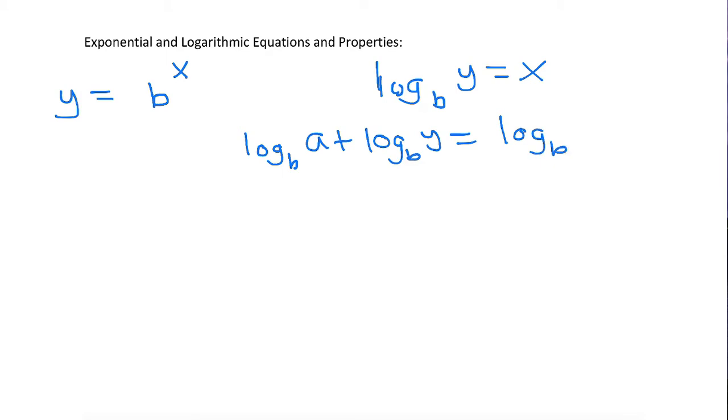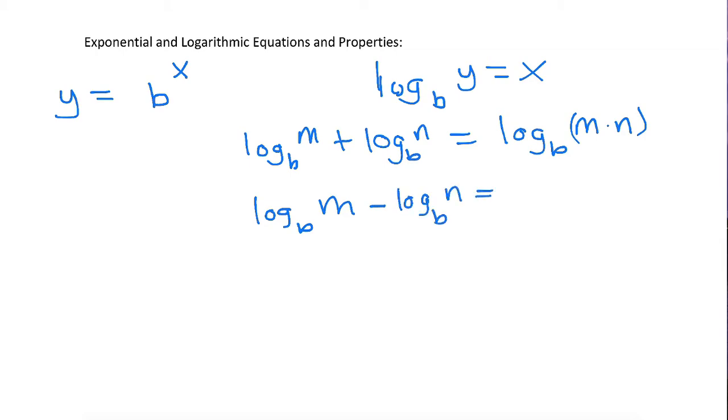Let me use different letters: let me make this m and this n. We can multiply those when it looks like that within a log. If we have log base b of m minus log base b of n, we'll get log base b of m divided by n. So we can divide like that.